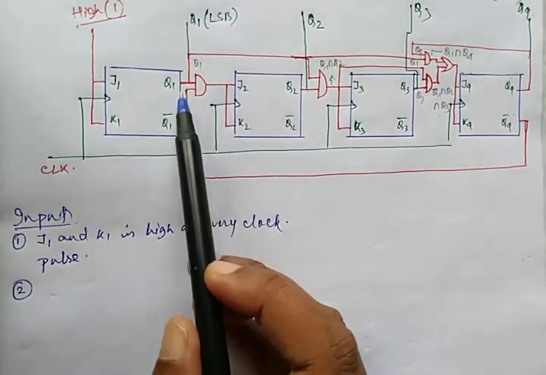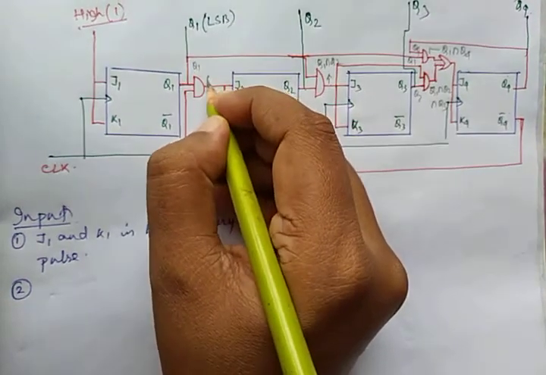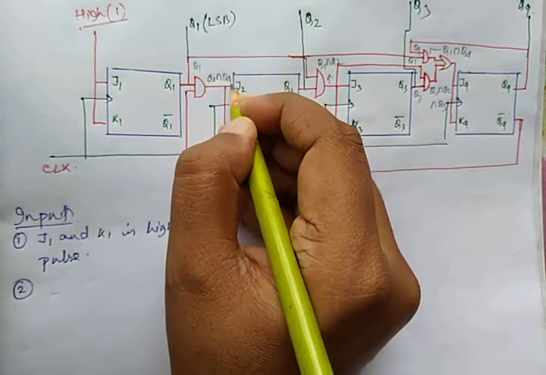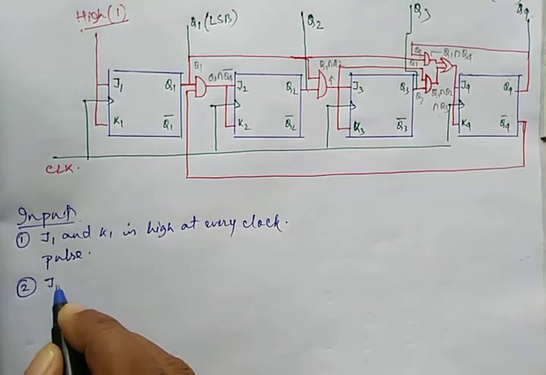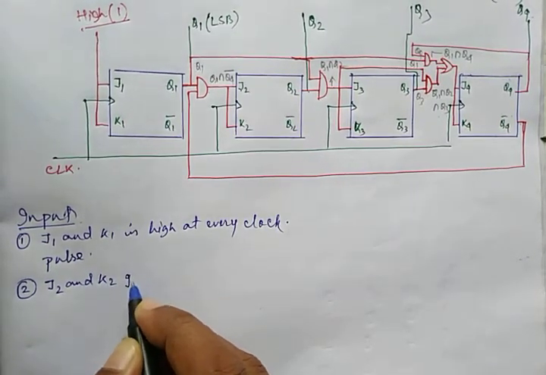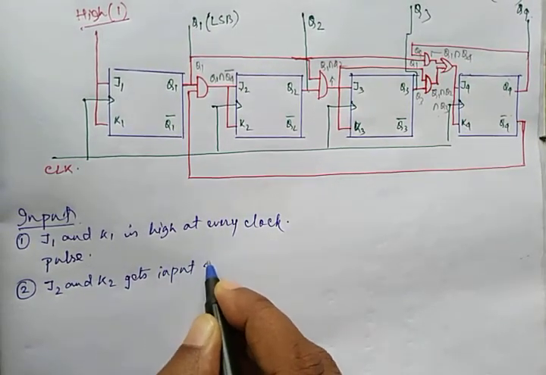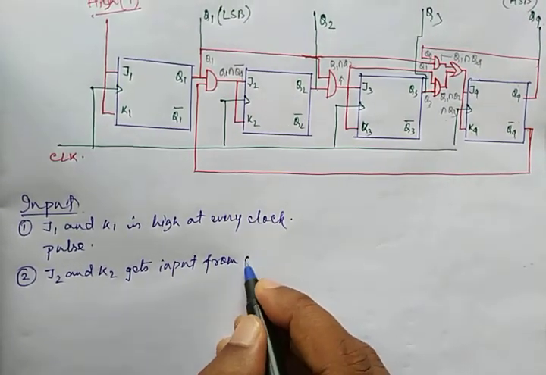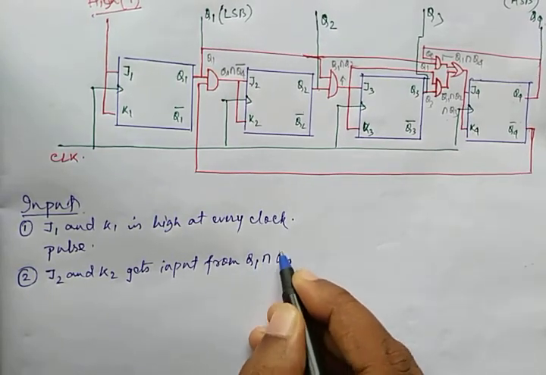Number 2, J2 gets input AND operation of Q1 and Q4 bar. That means here it is Q1 and Q4 bar. So J2 and K2 get input from Q1 and Q4 bar.